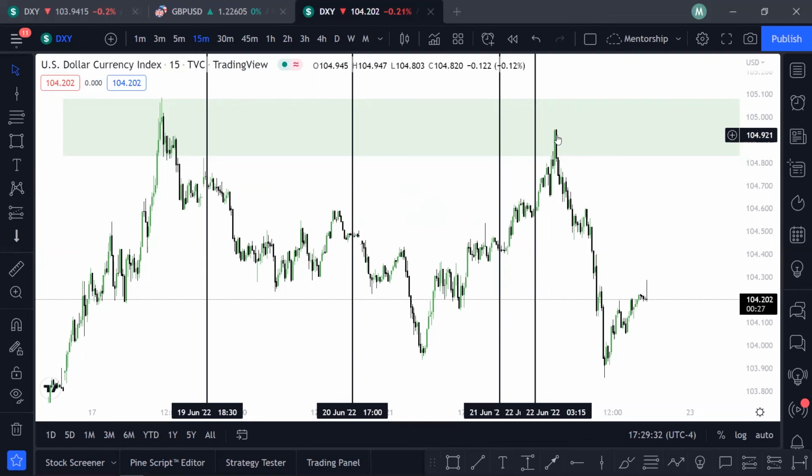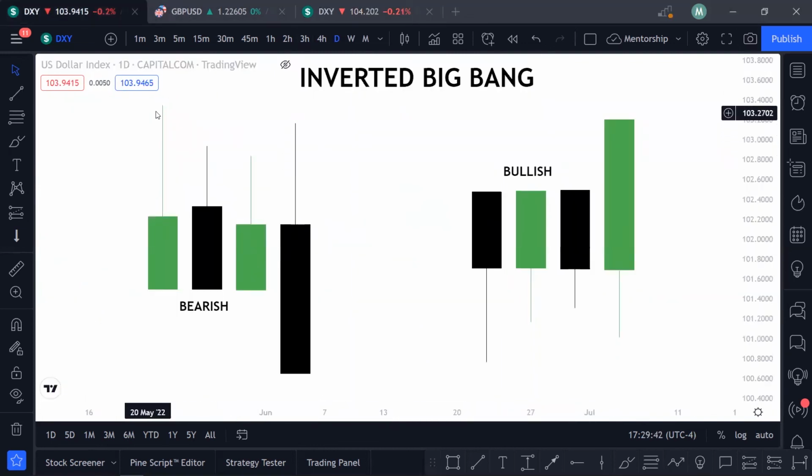What happened at this time on the dollar index? This is what happened. We ran above these highs. Okay? We ran above these highs.